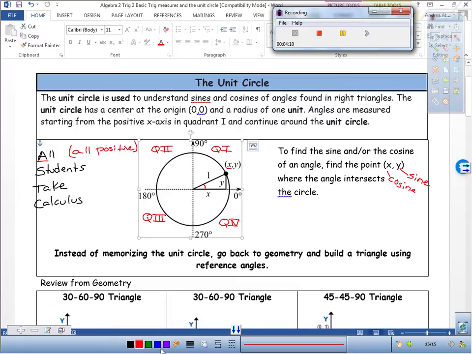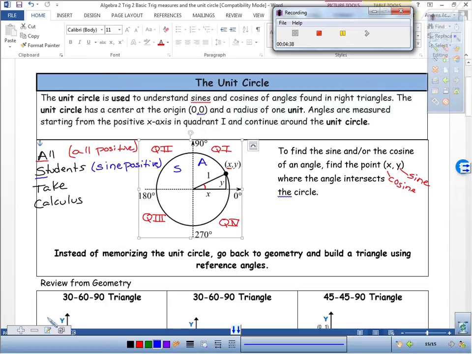In quadrant 1, they're all positive. All of our trig functions, sine, cosine, and tangent, are all positive. Then the S stands for sine is positive. So in this quadrant, just the sine is positive.